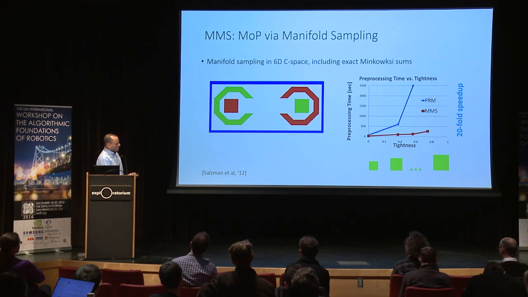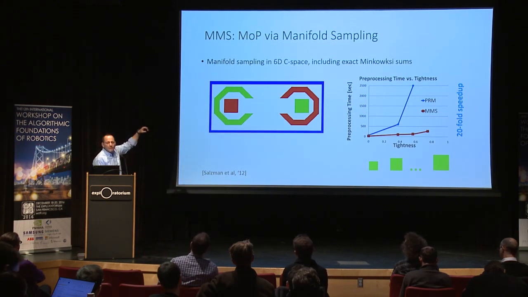And the experiment goes as follows. We take the square and progressively increase it. So it becomes a very tight problem. How do we attack it? We propose something that we call motion planning with manifold sampling.